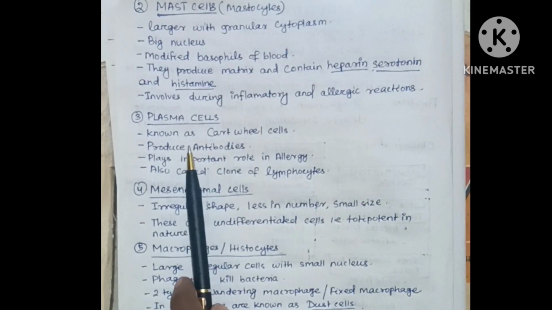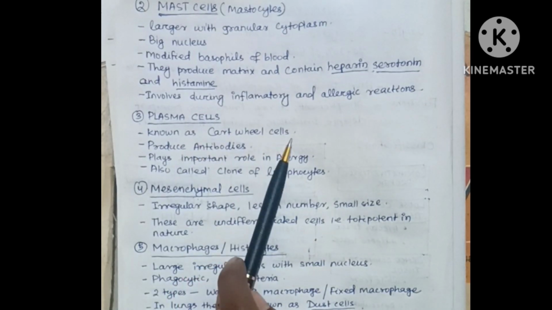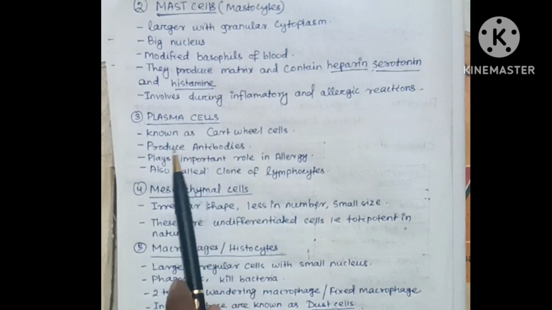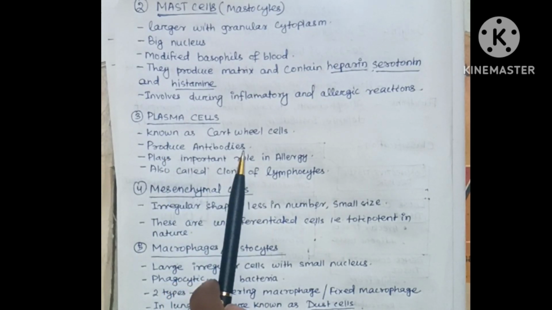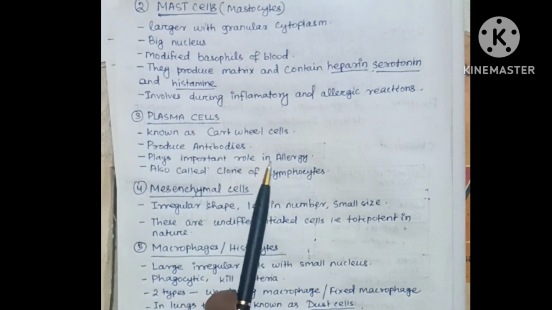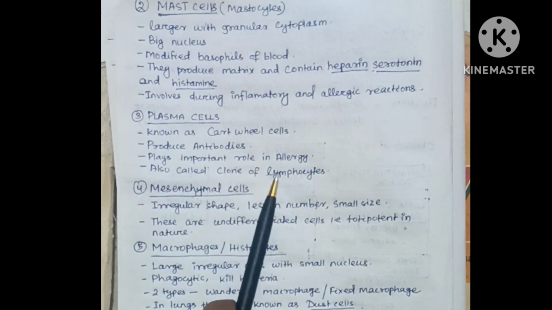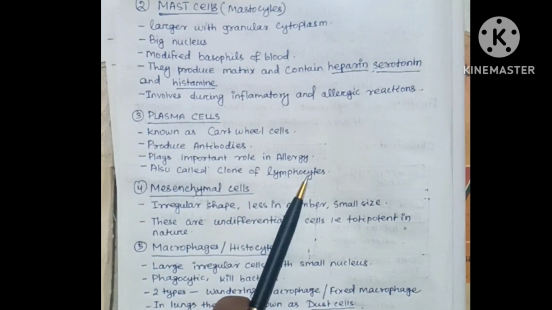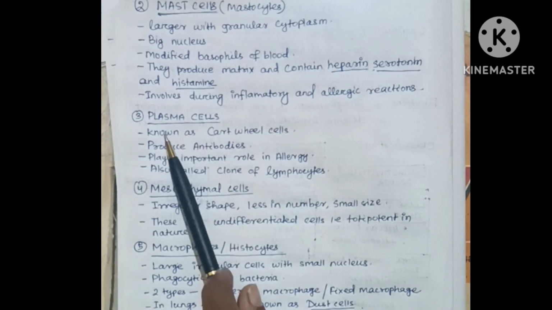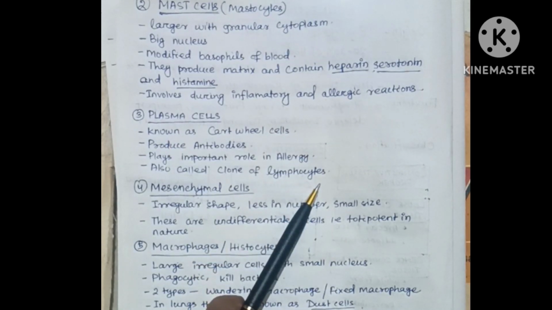Then plasma cells. These are known as cartwheel cells. They produce antibodies and play an important role in allergy. They are also called clones of lymphocytes, because B lymphocytes produce antibodies. B lymphocytes differentiate to form plasma cells and then antibodies are produced.